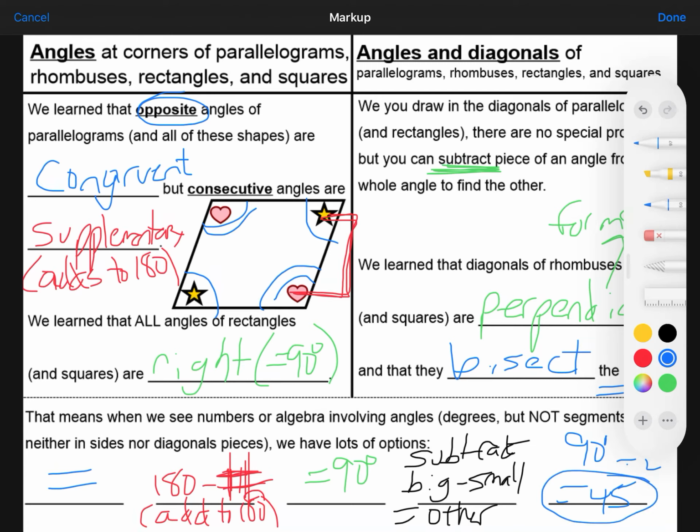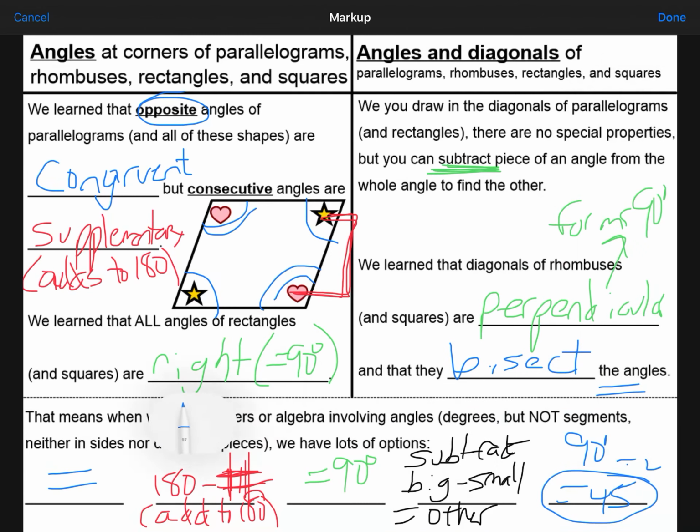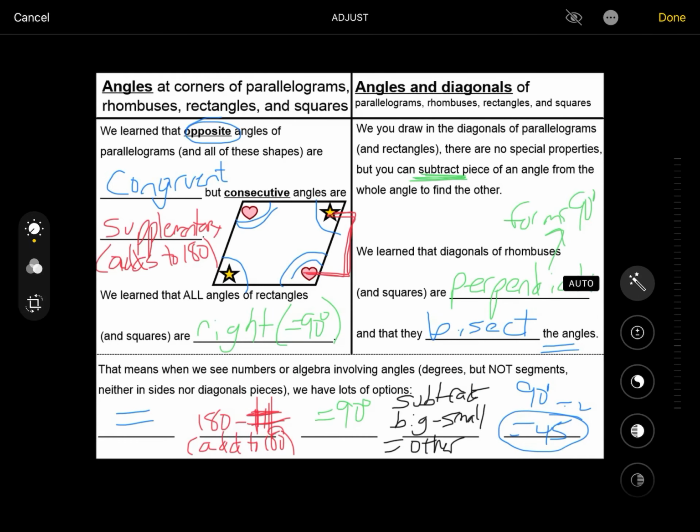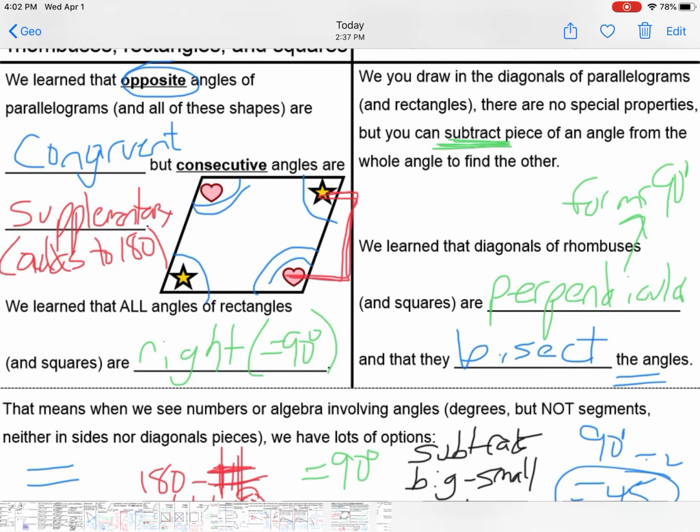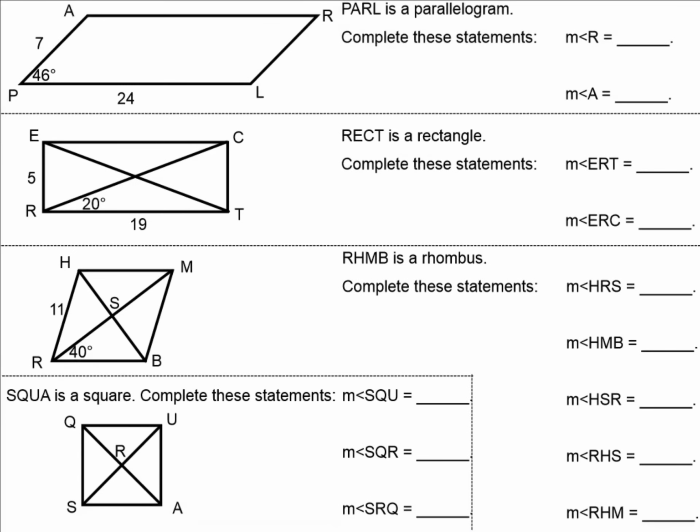Not everything will be 90. Not everything will use 180. We have a lot of different options here. And that's why reviewing angles can be just a little bit harder than reviewing segments. So we'll go over it here. Still a relatively short video, still a relatively short assignment, only 12 questions coming up. But let's see how these different things apply on pictures.